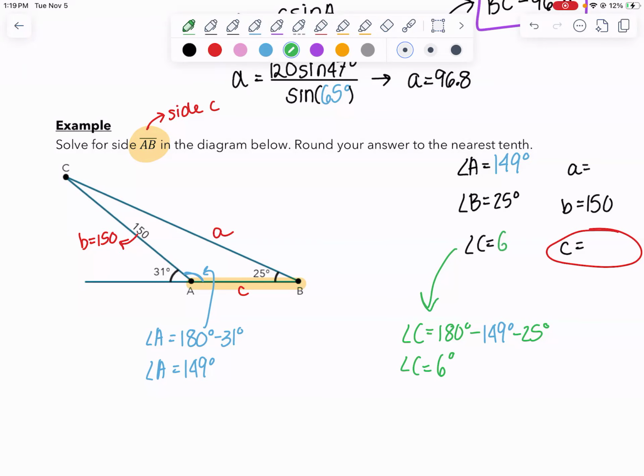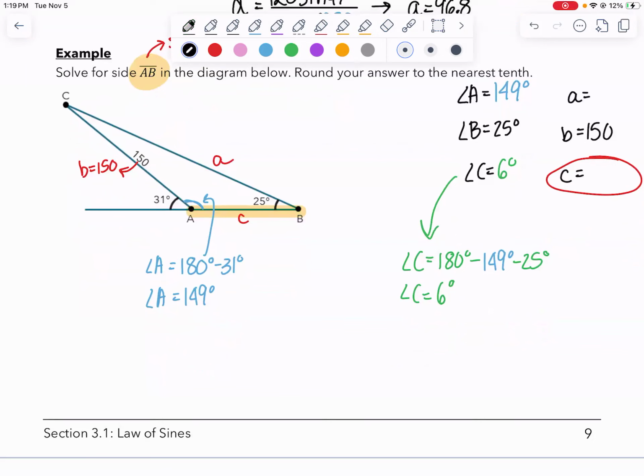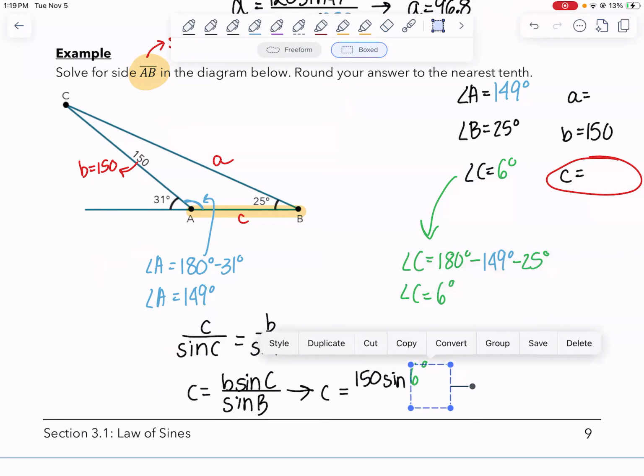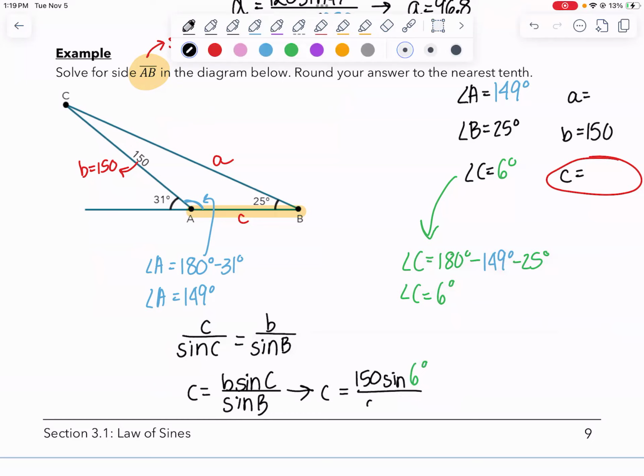So then we're solving for side C. C over sine C is equal, we'll use B over sine B. So that means C is equal to B sine C over sine B. C is equal to 150 sine of 6 degrees, all over sine of 25 degrees, which comes out to 37.1.